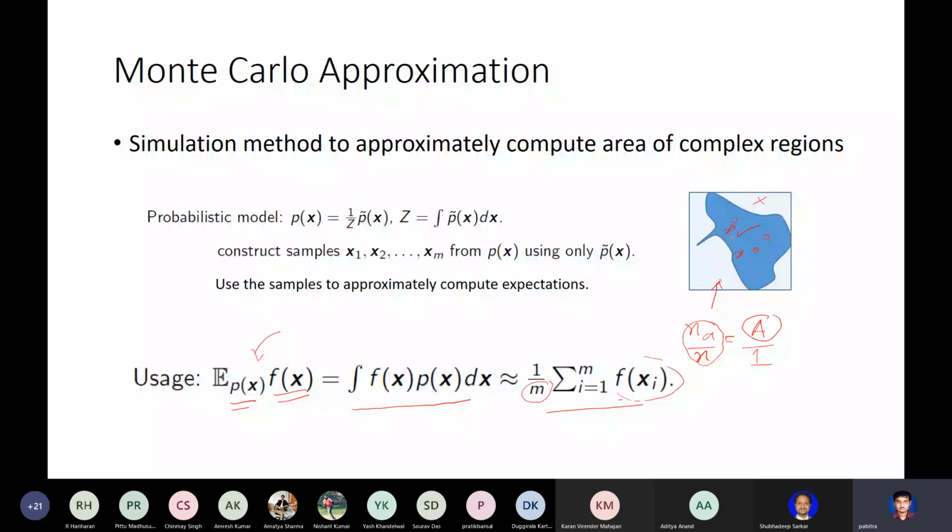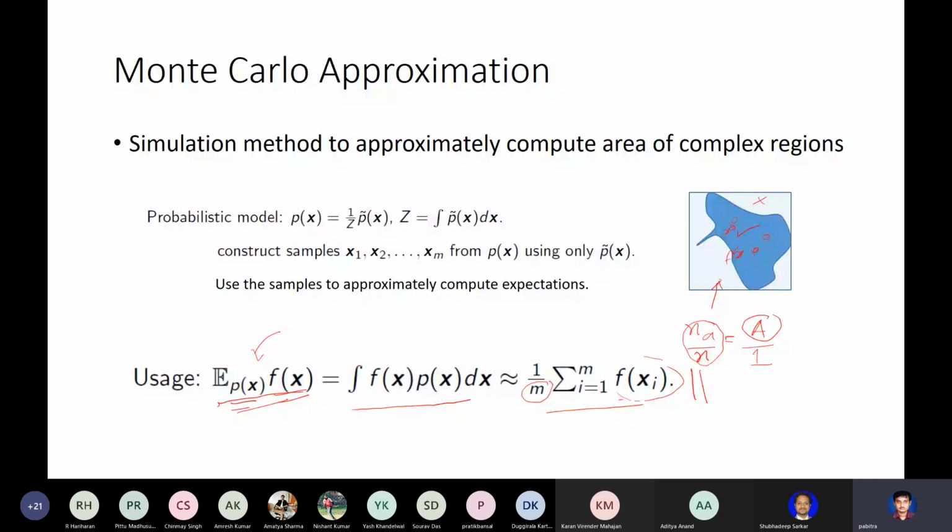This number would be a good approximation of the true expectation of f(x) with respect to p(x). So this principle is very important. It need not be area or just the distribution function. It can be the expectation of any arbitrary function f(x) with respect to an unknown distribution p(x).